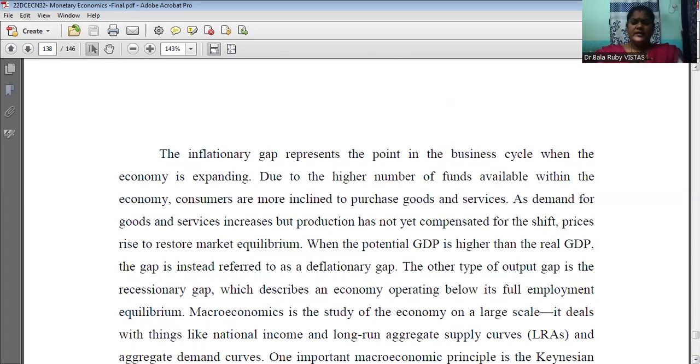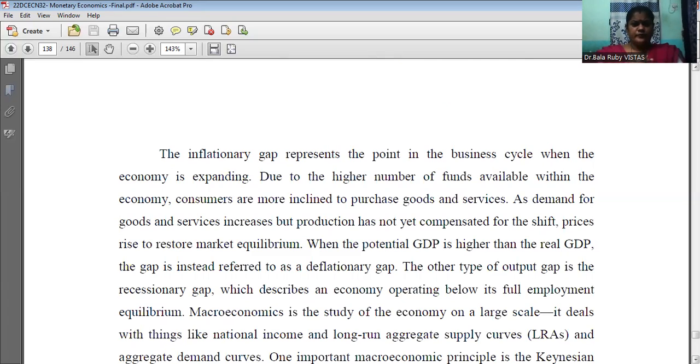Due to the higher number of funds available within the economy, consumers are more inclined to purchase goods and services. As demand for goods and services increases, but production has not yet compensated for the shift, prices rise to restore market equilibrium.